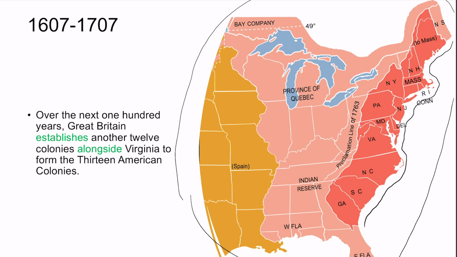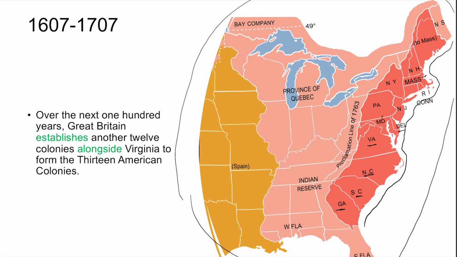Here is Maine and New Hampshire, Vermont, Massachusetts, Rhode Island, Connecticut. Here's part of New York and Pennsylvania, New Jersey, Delaware, Maryland, Virginia, North Carolina, South Carolina, and Georgia. So we can see these 13 colonies here in this darker shade of red. I would call that a salmon.